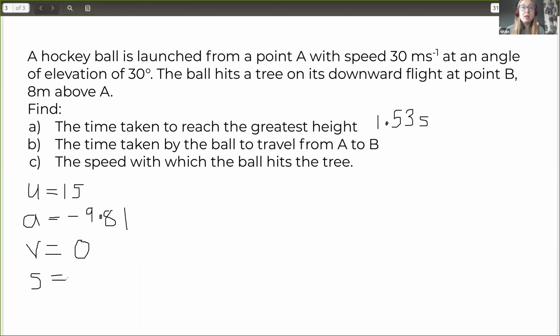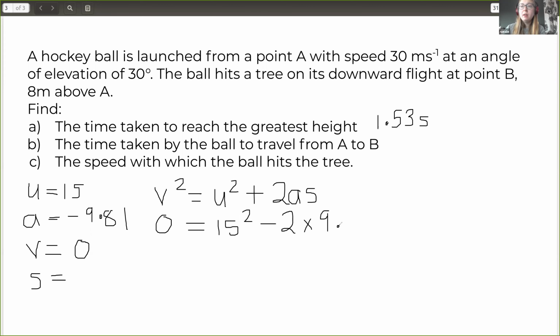We can work out S using U, A, and V. We can say that V squared equals U squared plus 2AS, which would give us 0 is equal to 15 squared minus 2 times 9.81 times S, which would work out as S is equal to 15 squared divided by 2 times 9.81, and the minuses all helpfully cancel. And that gives us 11.47 meters.